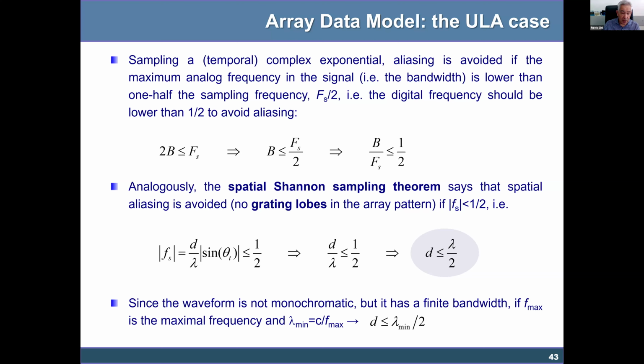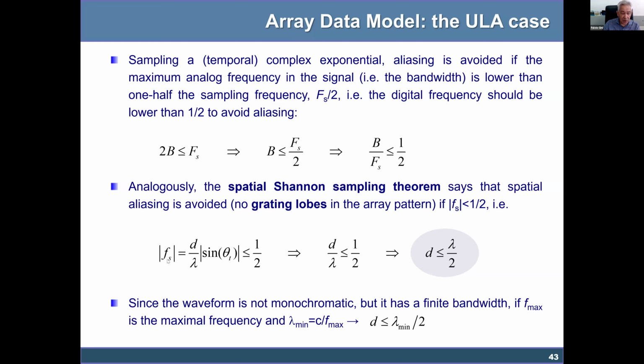This is the statement of the Shannon sampling theorem. Now, if you think about the similarity between temporal and spatial sampling, it's obvious that there must exist a sampling theorem for spatial sampling. And the sampling theorem, if the sampling is uniform, cannot be different from this. So this is the normalized frequency, the highest normalized frequency in the signal, and this should be smaller than 0.5.